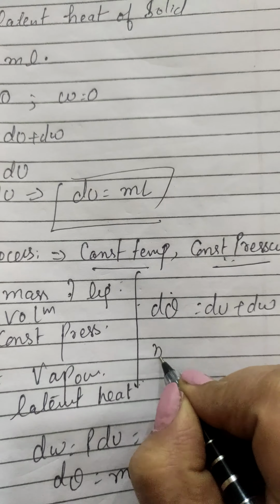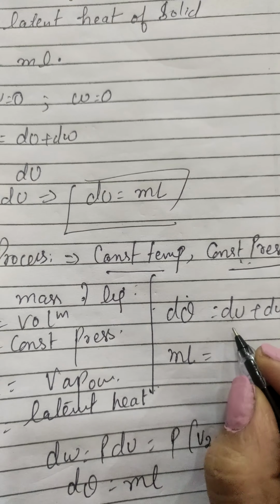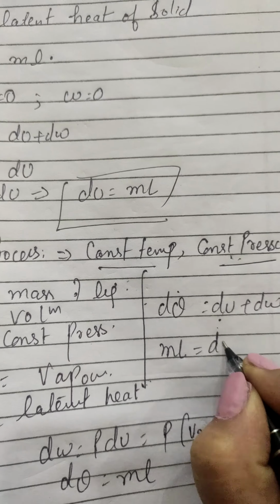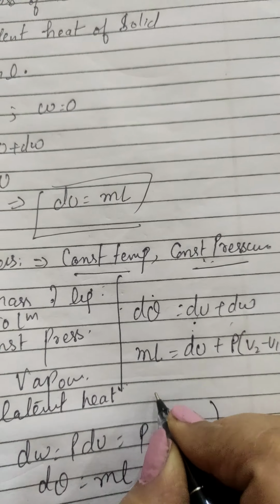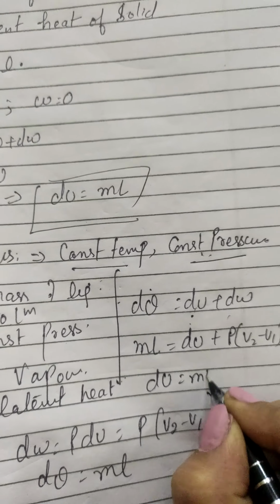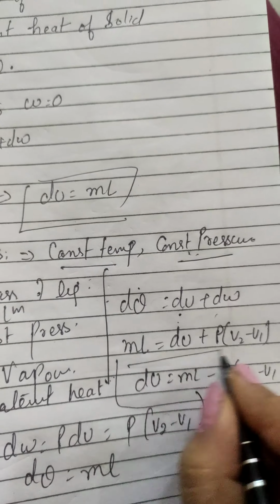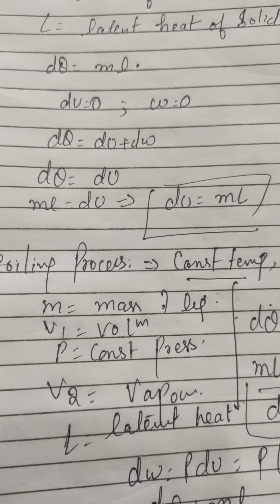Now dQ is equal to mL, which is equal to dU plus the work done, P(V2 minus V1). So the internal energy we can calculate: dU is equal to mL minus P(V2 minus V1). This is the expression for internal energy in the case of the boiling process.